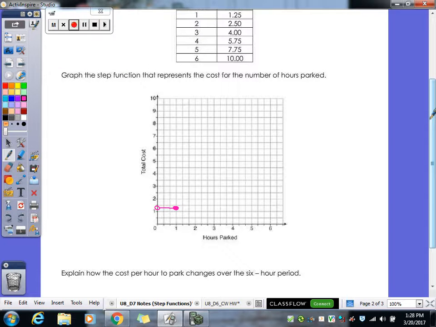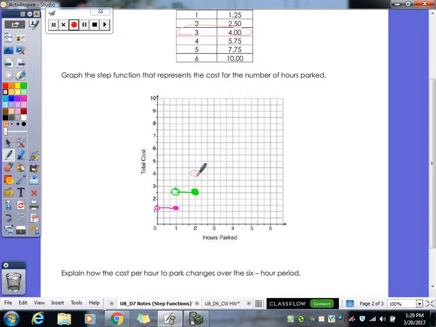So here, up to the next one, up to including 2 hours is going to be $2.50. So a minute over an hour, we're going to do open circle here, up to $2.50, closed circle. The next one, a minute over 2 hours, up to 3 hours is going to be $4.